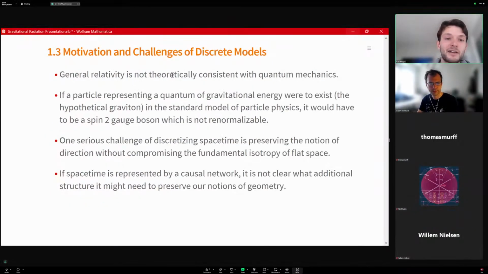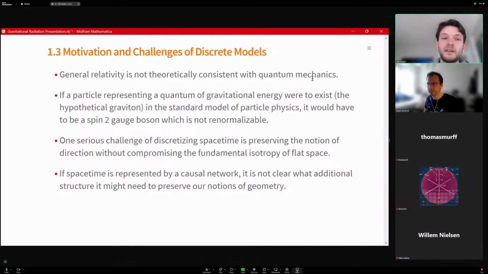Okay, so now we're getting into the actual purpose of the project, which was we wanted to create a discrete model for gravitational waves. And we're going to start with motivating why we would want to do something like that. The continuous space-time model has been pretty successful at making a lot of predictions.